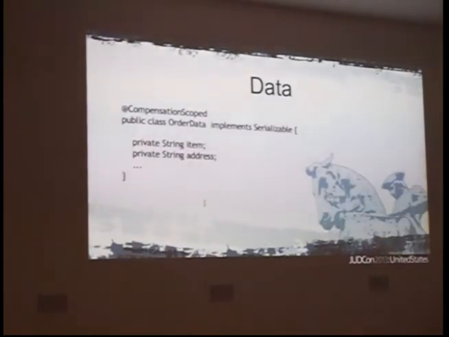So we've got this compensation scoped annotation that we place on the implementation of the order data, and that says that when an instance of order data is injected, make sure that instance is tied to the transaction, and any time you invoke a class with that injection point within that particular transaction, always have that same one. If it gets invoked in a different transaction, then you get a different instance of it. And when the transaction finishes, that instance is discarded, it's automatically garbage collected.